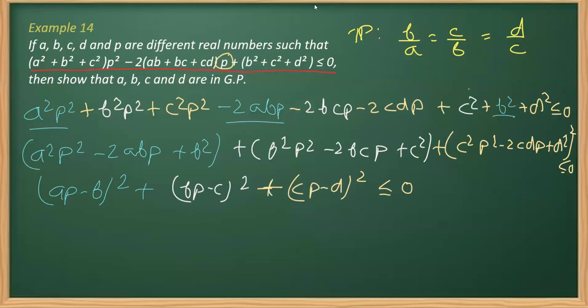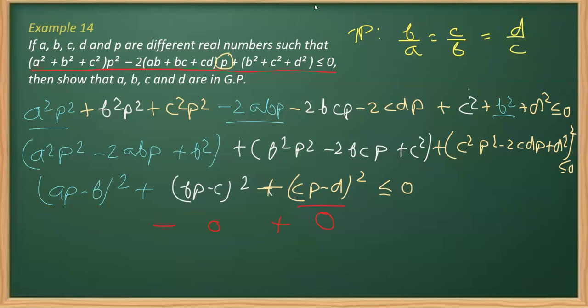So if you are adding 3 such numbers, you can never get a negative number. It means that each of them must be 0, right? Because the sum of 3 zeros can give you 0. That is the concluding point.